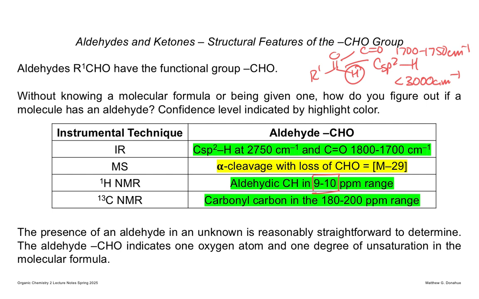And then in the C13 NMR, usually there's an indicative peak between 180 and 200 of your carbonyl carbon that's sp2 hybridized. But you really have to put all of them together to increase your confidence that it is in there.